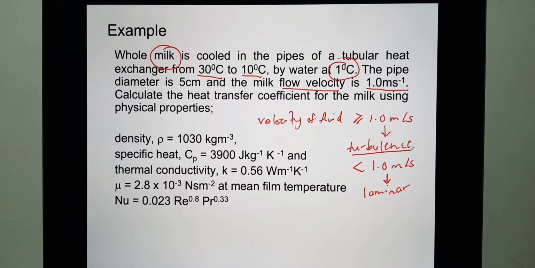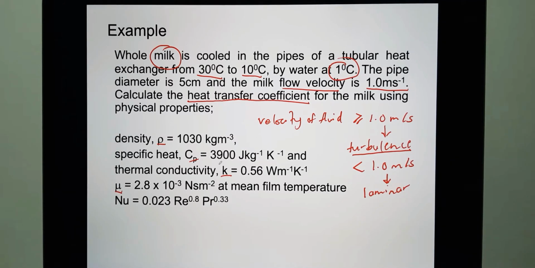Alright, it's turbulence flow. So you need to calculate the heat transfer coefficient. This is your task for this problem statement for the milk by using the following physical properties. These physical properties, the density, Cp, thermal conductivity, as well as mu, the viscosity, have been given to you based on a table.